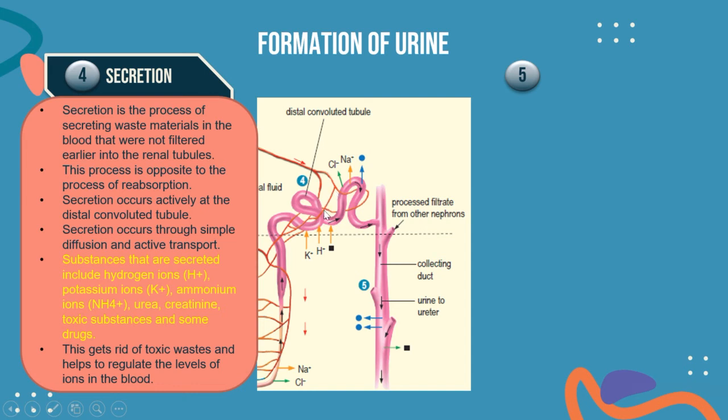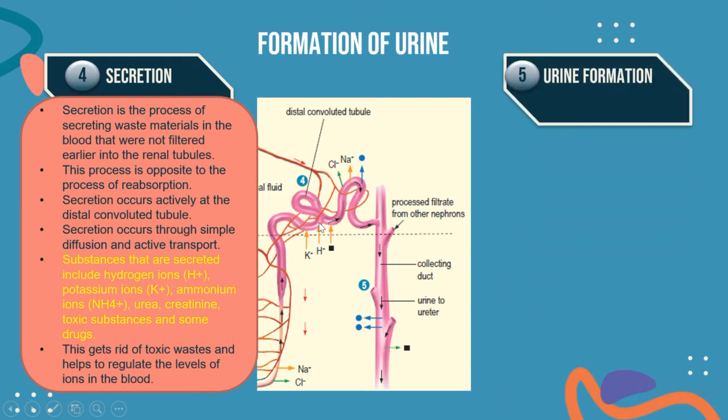This gets rid of toxic waste and helps to regulate the level of ions in the blood. So secretion occurs from the blood capillaries to the distal convoluted tubule, entering by active transport and also simple diffusion.